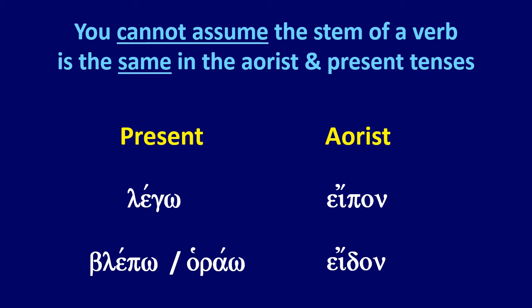Now what happened in this case, historically, and this is probably helpful for you to understand a little bit of historical background, is the Greeks used to use a verb, probably, we think, a present tense form of a verb called epo, and so its aorist tense form was eipon, and there's a similarity between those two.